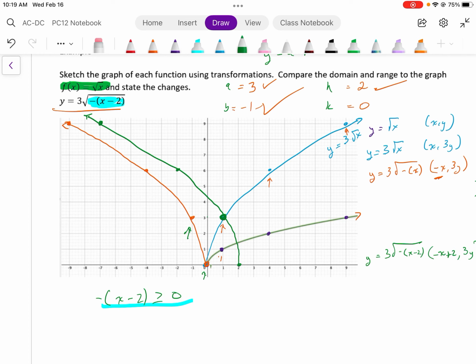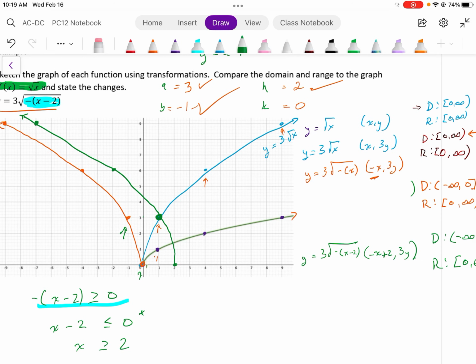I'm going to multiply both sides by negative 1, and when you multiply an inequality by negative 1, I would put a star. When you multiply an inequality by negative 1, the inequality sign switches from greater than or equal to less than or equal to. And then I'm just going to add 2 to both sides. We get x is greater than or equal to 2. And wouldn't you know it? That's my domain.